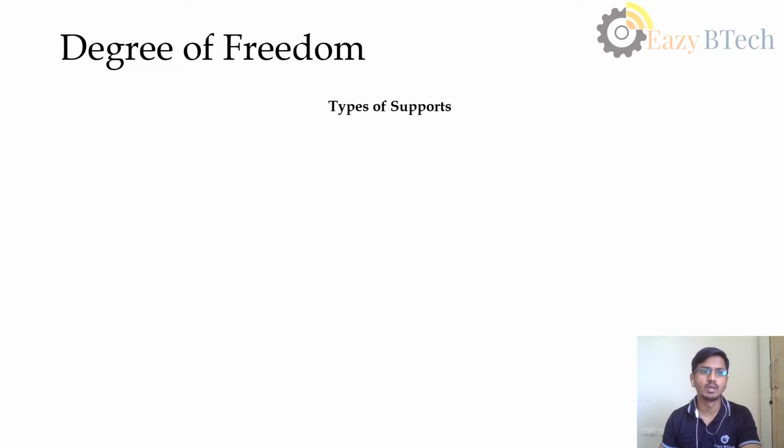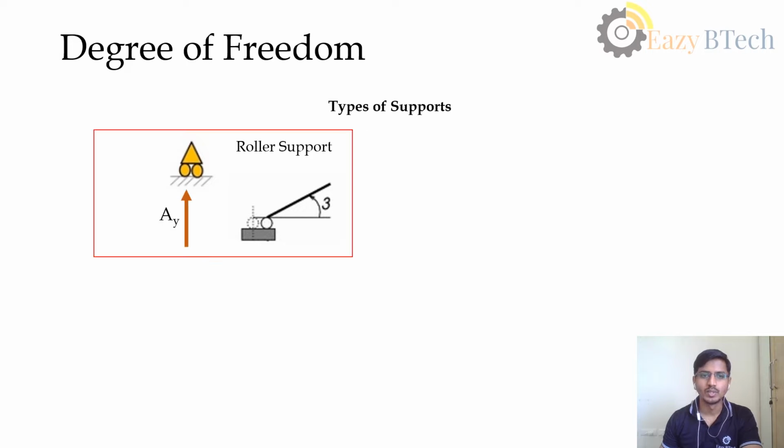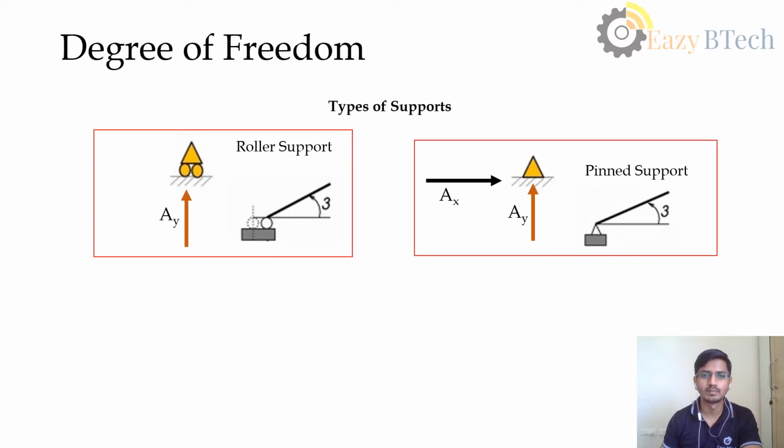Now let us see about the degree of freedom. In the previous video we studied the different types of supports, such as rollers. We have seen a roller support has one reaction. This is a node or a joint, connected to a member.